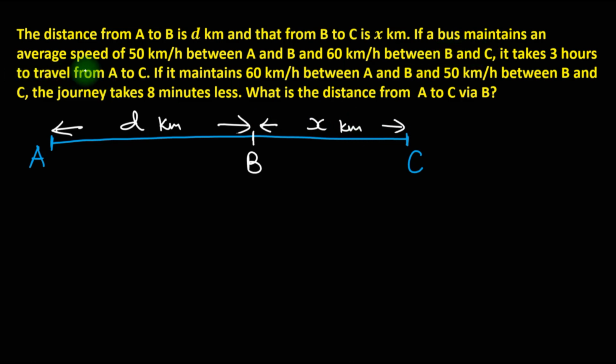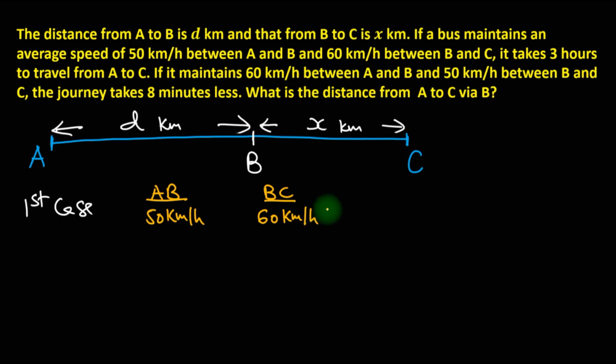If a bus maintains an average speed of 50 kilometers per hour, we consider the first case, whereby the bus between A and B maintains a speed of 50 kilometers per hour, and between B and C it maintains a speed of 60 kilometers per hour.